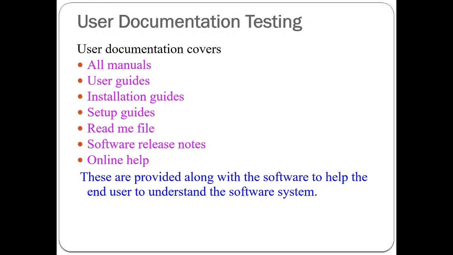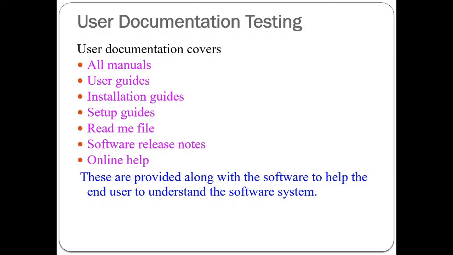Sometimes it becomes very complicated for the user to use the system, so all these user manuals and user guides should help the user. There are so many screens available in the software product, and sometimes the user faces problems: how to use the screen, what data should be fed in, what problem arises, and how to solve it.